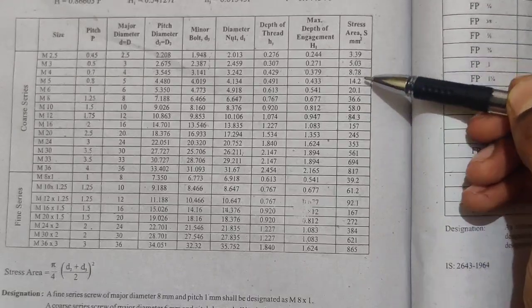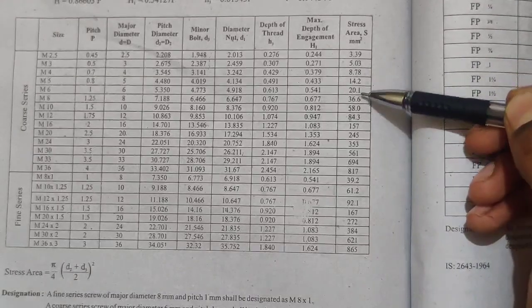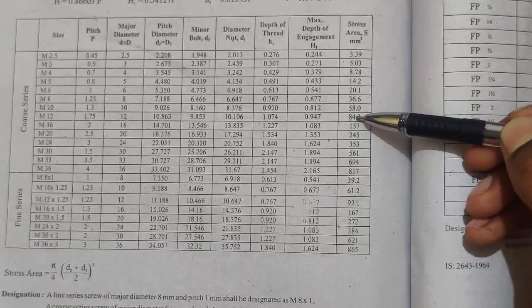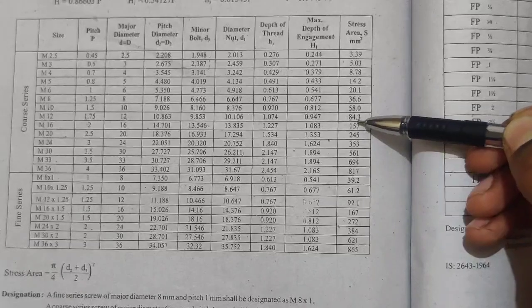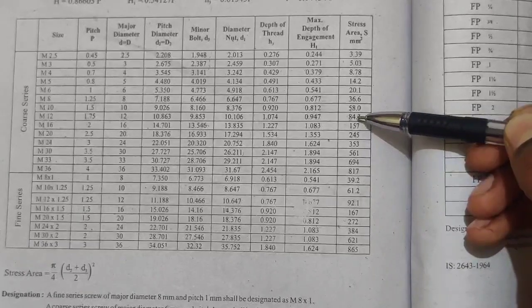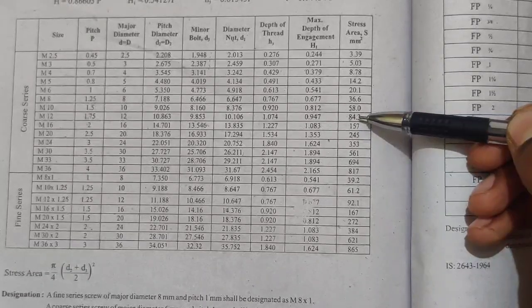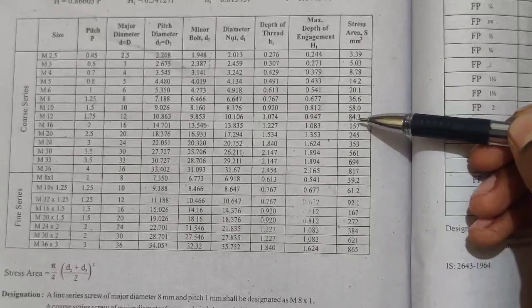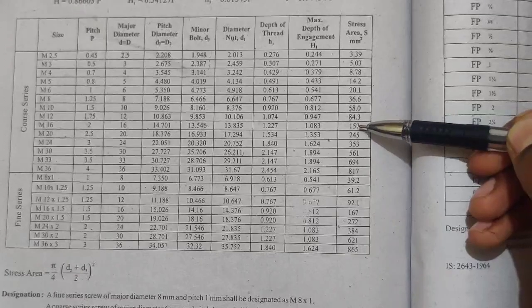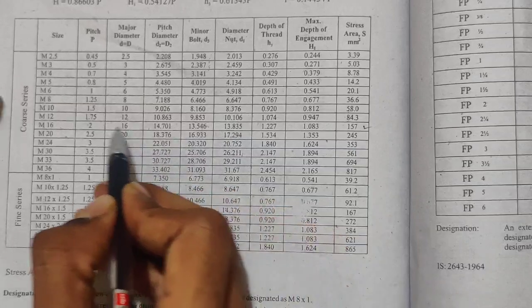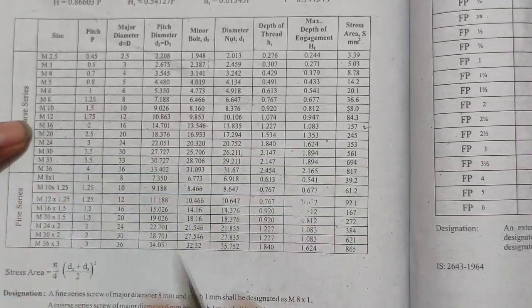So just search in this column. It is 84.3 and we have 151, so it is after this and before the next. You can't select 84.3, always select the greater value. So the next value after 151.16 is 157. So this is the required area. Now go here and select M16 bolt.